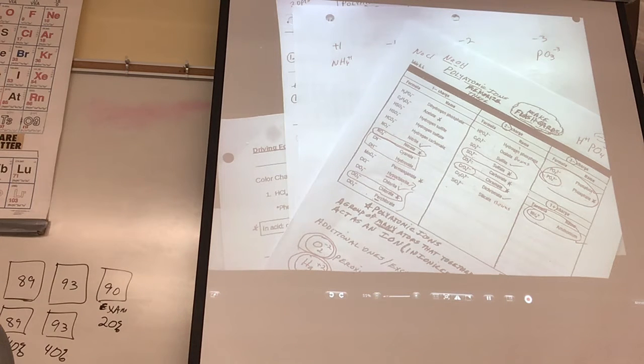This one is hydrogen carbonate. There's no chlorine in it. It can't be hypochlorite. It's not di, it's not hydrogen. Hydrogen phosphate. Hydrogen sulfate.